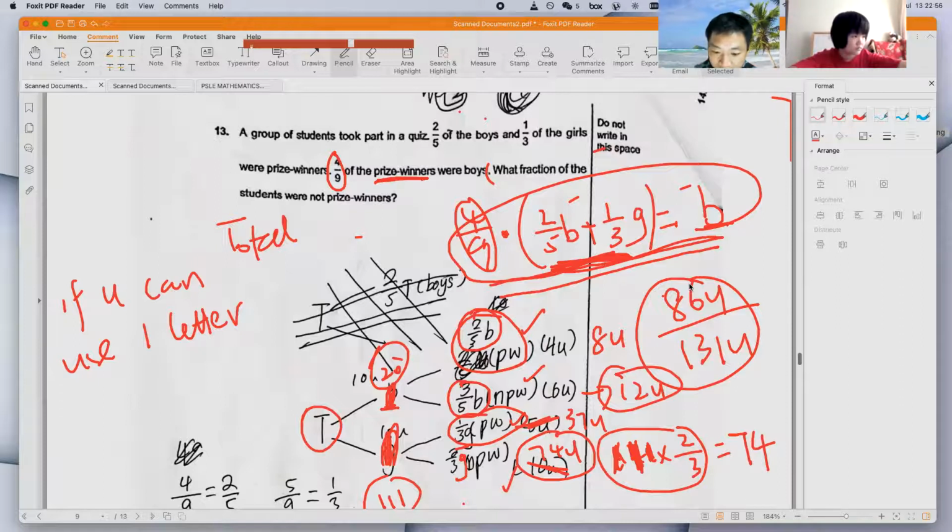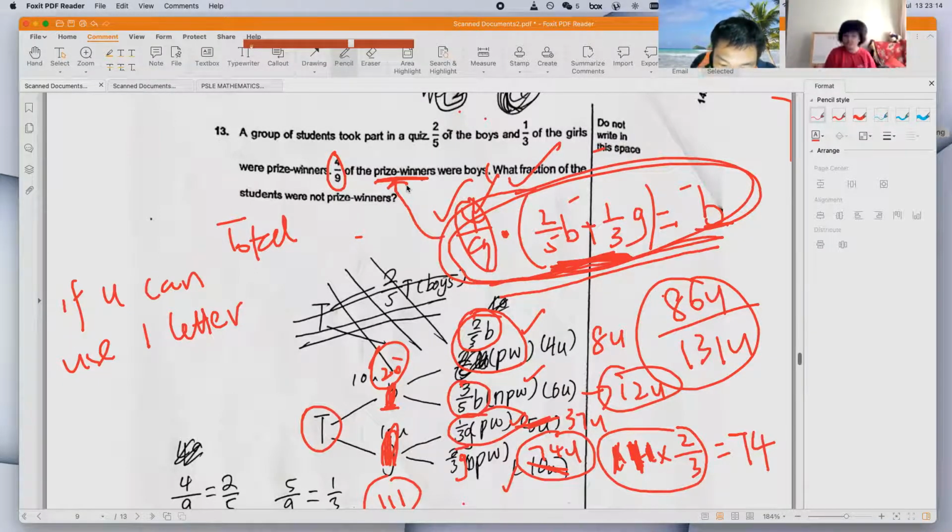So before you can find out the ratio between B and G, 20 to 111, you need to form this equation first. This is the key. And this equation comes from this statement. So your branch is correct, but all your units here are wrong.